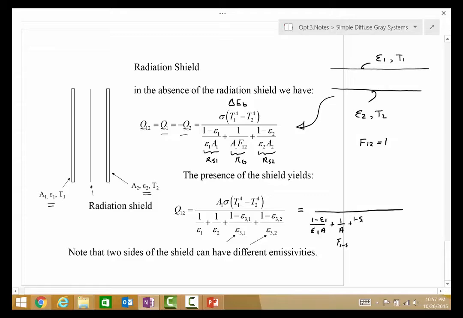Geometric resistance on one side of the shield, epsilon shield side 1 divided by epsilon shield side 1 times the area.